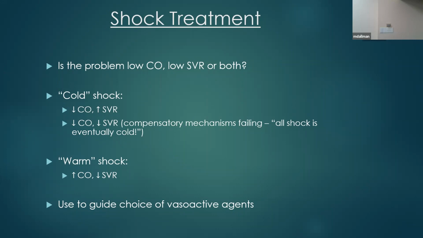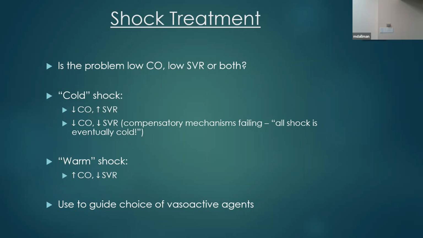Cold shock is the one we see most commonly, particularly in sepsis cases, where it's low cardiac output, high systemic vascular resistance. Remember, think about blood pressure. This is an oversimplification. Think about blood pressure as the mathematical product of flow and resistance. Flow slows down, resistance goes up, blood pressure stays about the same. Now, as that fails, SVR goes down. That's when you become hypotensive.